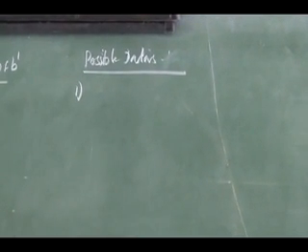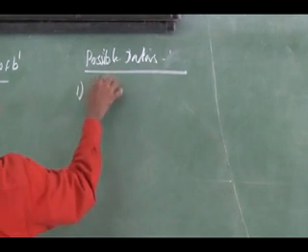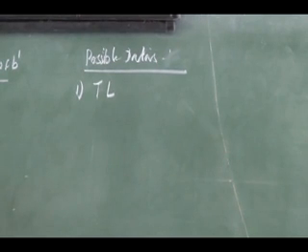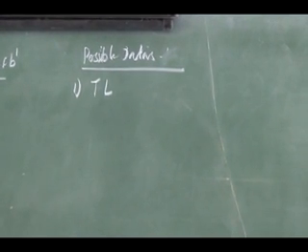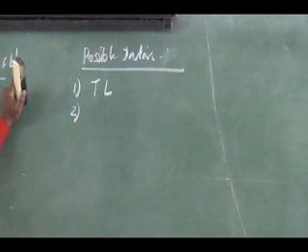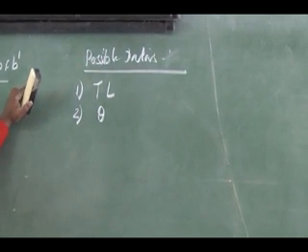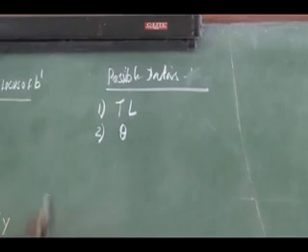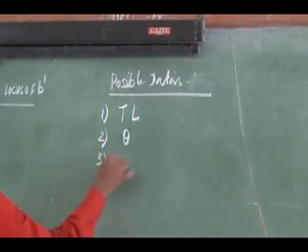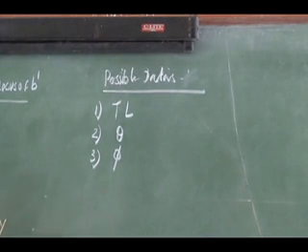The first one is the true length can be given in a problem. TL is nothing but true length. Then true inclinations will be given, say theta. Theta is inclined to HP. True inclination to VP may also be given in a problem.